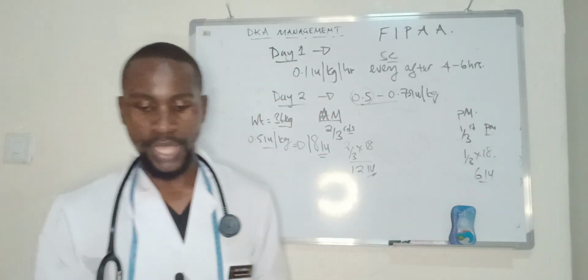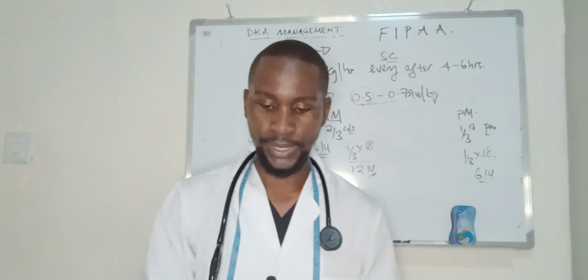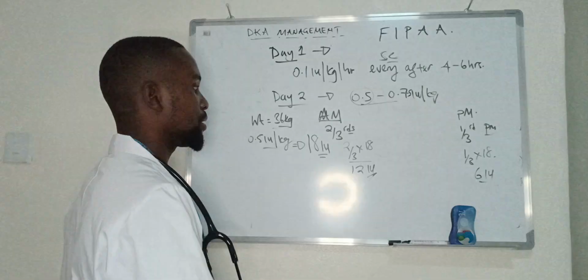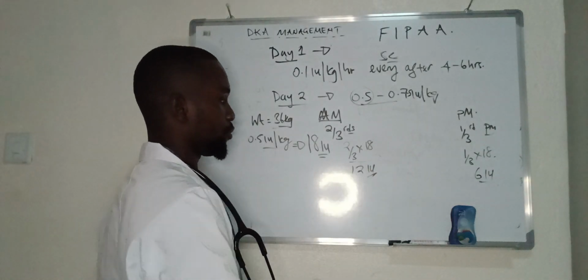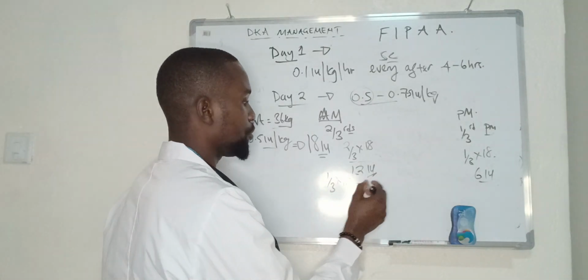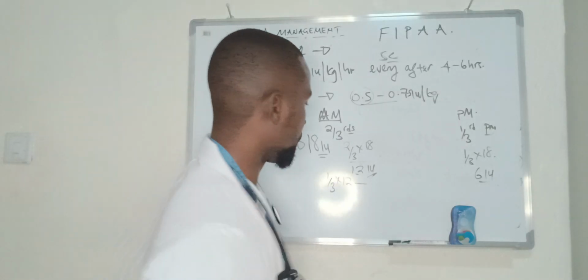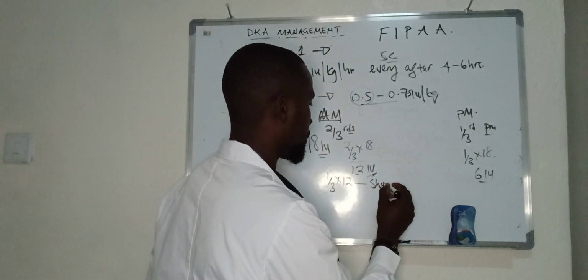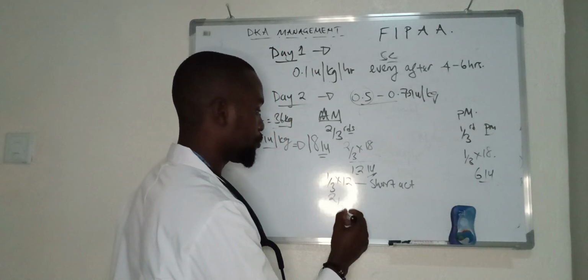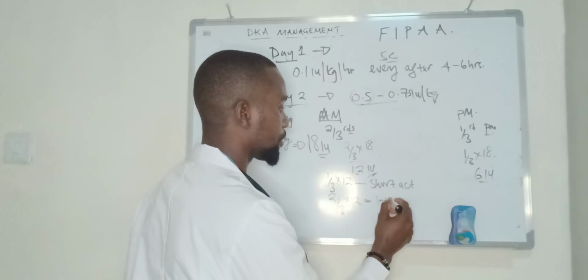Out of that, 1/3 should be short acting and 2/3 should be intermediate acting. So for the AM dose, 1/3, which is 1 over 3 times 12, is short acting insulin, and 2/3, which is 2 over 3 times 12, is intermediate acting.